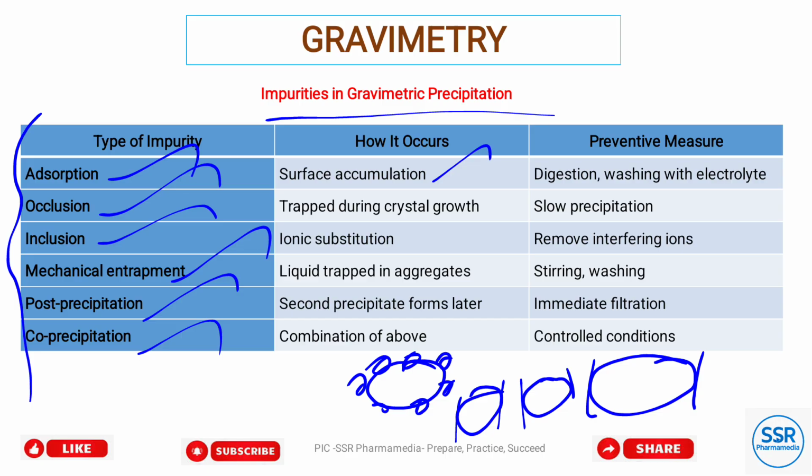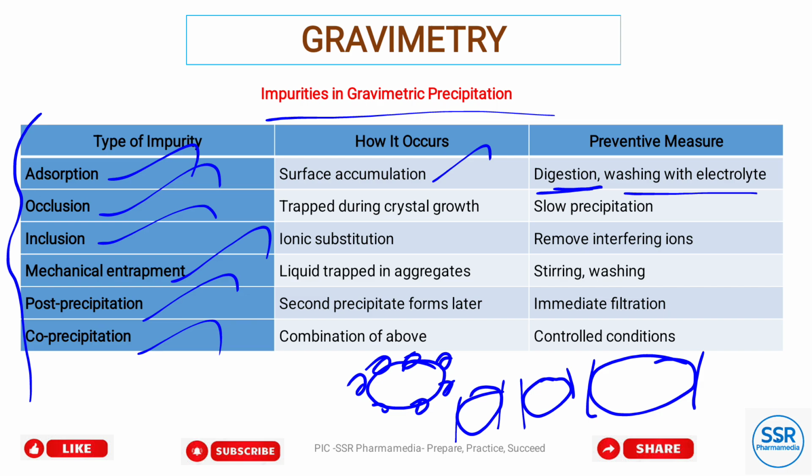Larger particles, less surface area, so impurities are less. Smaller particles, more surface area, so the impurities are more. Adsorption is prevented by using digestion and washing with electrolytes.